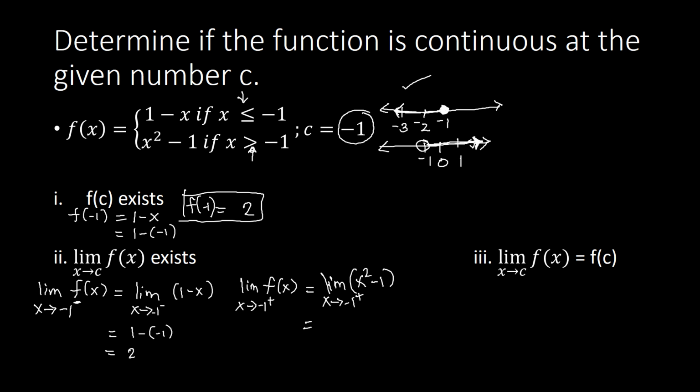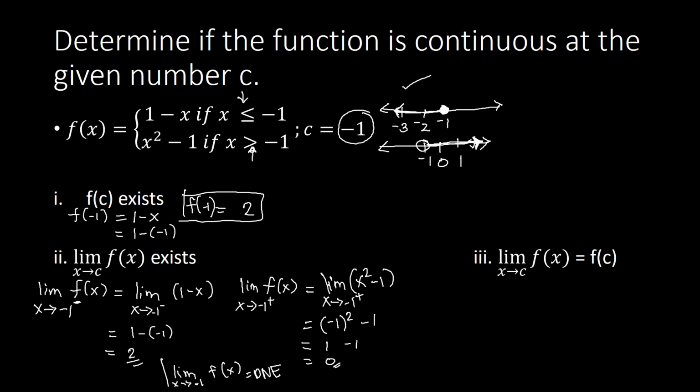So we substitute negative 1 for x: negative 1 squared is 1, minus 1 is 0. Checking the right-hand limit and the left-hand limit, they don't have the same value. Therefore, the limit of f of x as x approaches negative 1 is DNE.